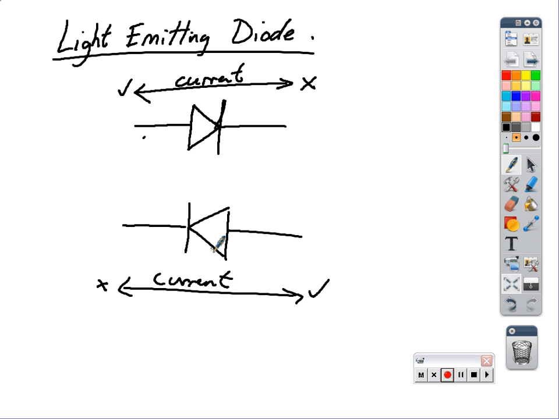So a diode is a device which allows current to flow in one direction. Hold this down please.